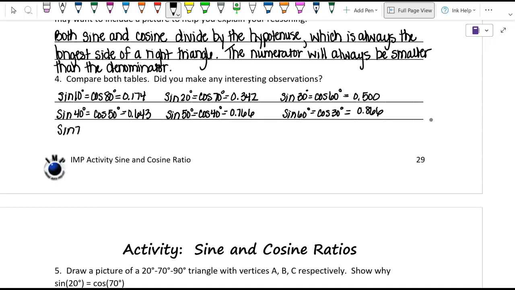The sine of 70 degrees equaled the cosine of 20 degrees, equals 0.940. And the sine of 80 degrees equaled the cosine of 10 degrees, equaled 0.985.